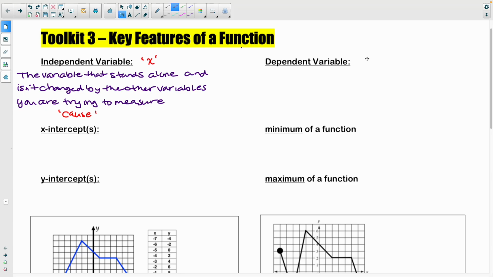Whereas the dependent variable, since the independent variable is the x, the dependent variable is your y. This is the variable being tested or measured, and it depends on other things.